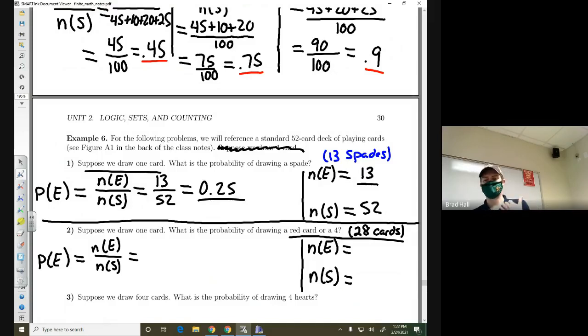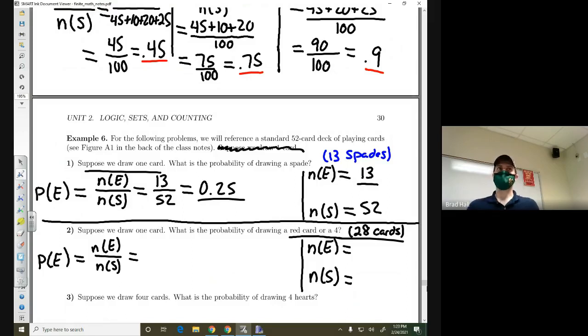This is without the number, so no mention of 28 quite yet, just the wording. What are we looking for? If I asked you, what are we looking for in this problem? Yes, I'm drawing 1 red card or 4. That would be, in wording, the most stripped down way of looking at the question here: drawing 1 red card or 4.